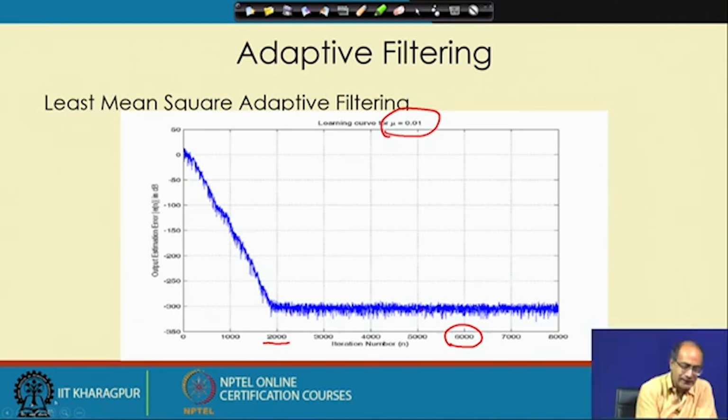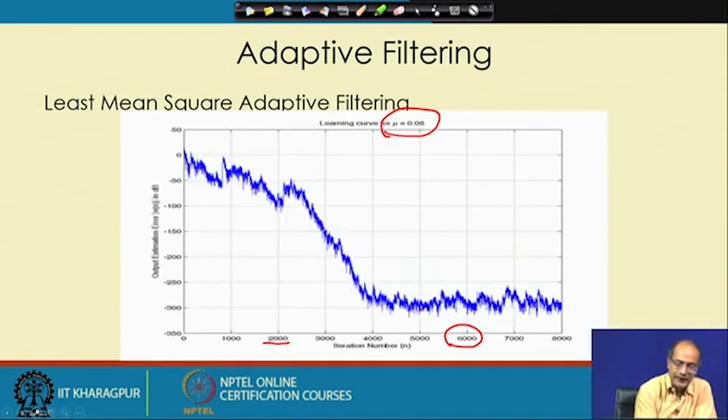Now, in this case the trajectory is no more smooth and it is a jerky kind of movement. It is going down, again going up, moving away from the minima, again coming down, again going up, and because of that nature it is taking more time. Though it is not going up to 6000, it is not coming down by 2000 either; it is coming towards the convergence at 4000 iterations.